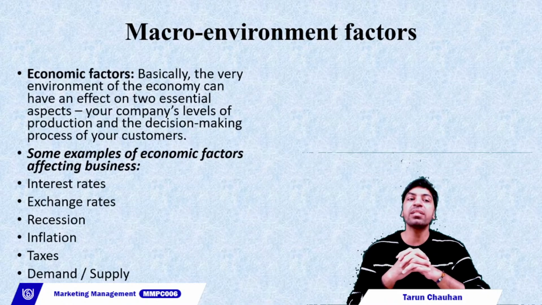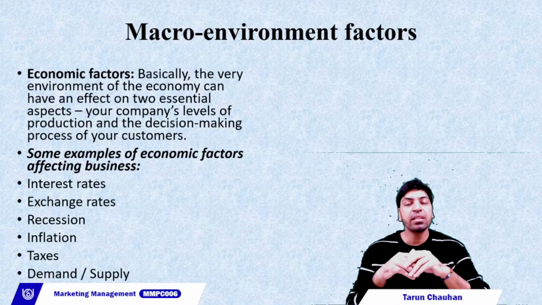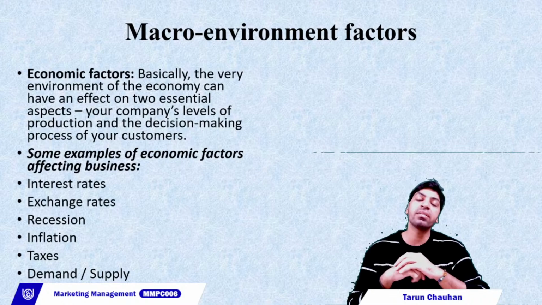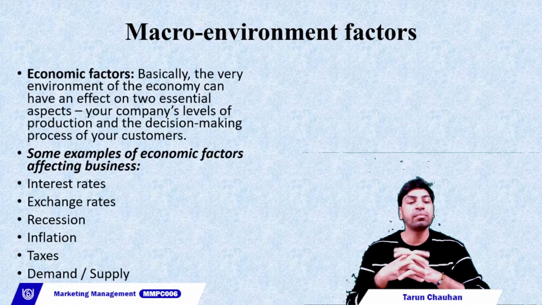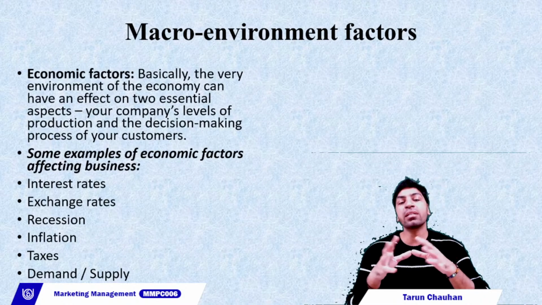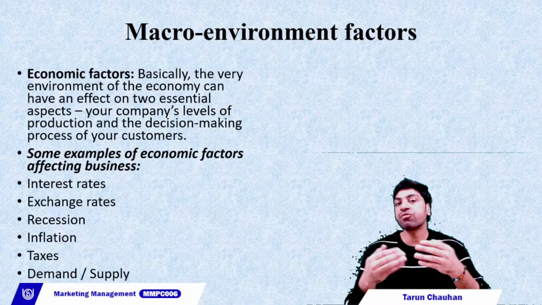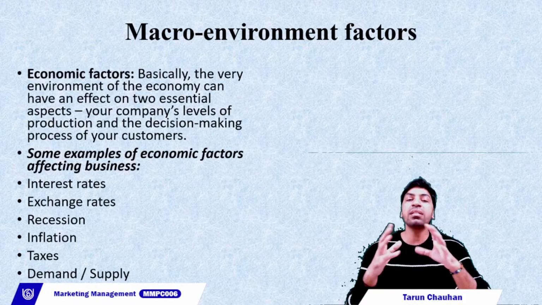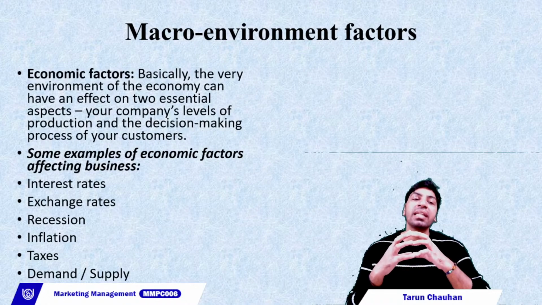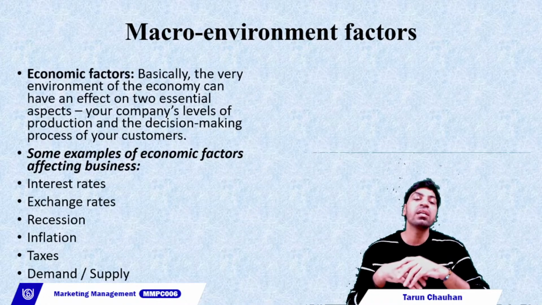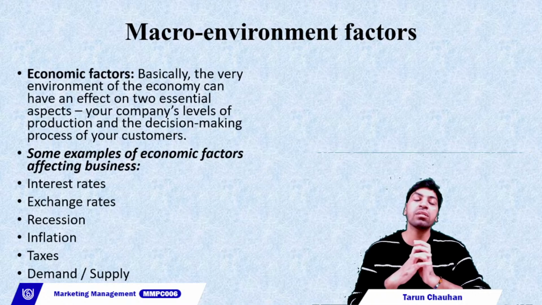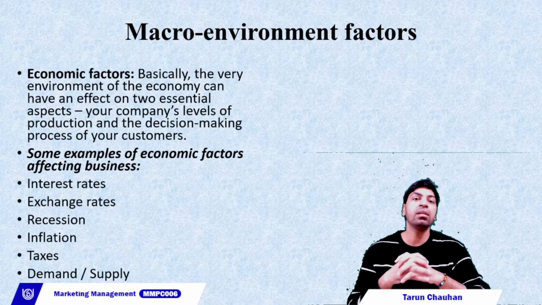The first one is interest rates. The second is exchange rates. The third is recession, inflation, taxes, and demand and supply of goods, or any new products introduced into the market. So these are the economic factors which influence the financial position or status of the company.